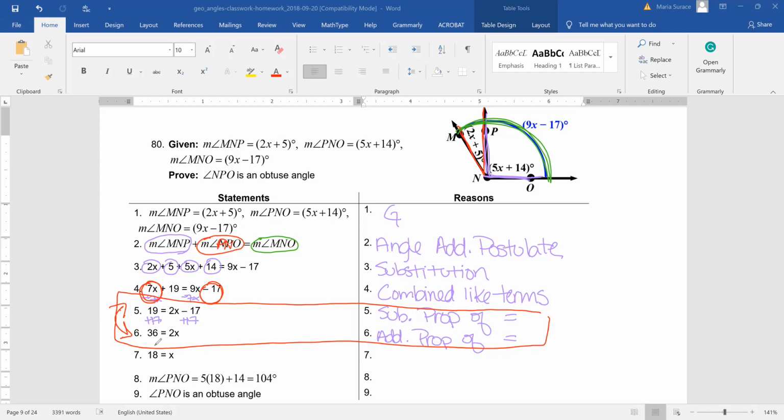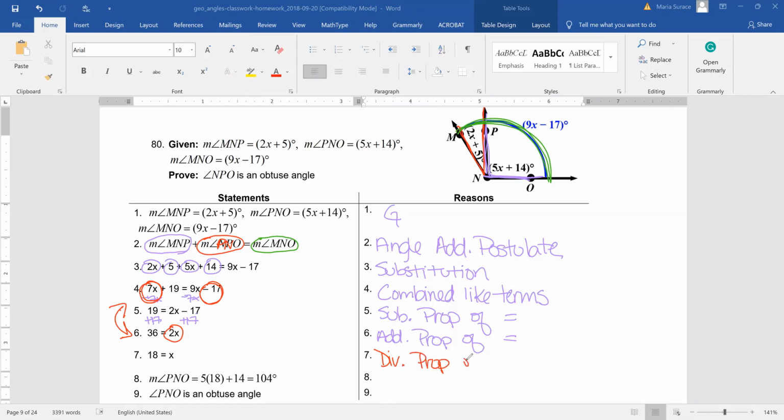Now, the last step, of course, is the step that isolates x finally. How do we separate 2 from x? We divide both sides by 2, which uses the division property of equations.